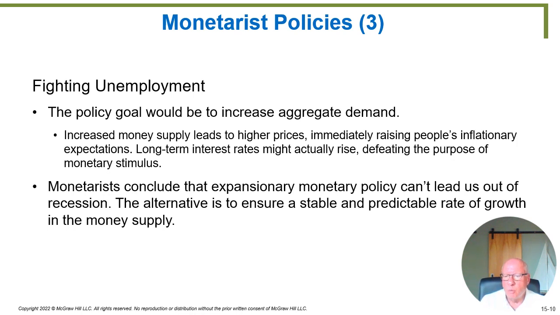So what they want to have happen is have the Federal Reserve get out of the business of trying to manipulate the economy in the short run, either recessions or booms, but instead to focus on long run stability, maintaining a stable increase in the money supply at a slow, predictable rate that will pretty much match the natural increase in the economy itself, and therefore essentially avoid making disturbing mistakes.